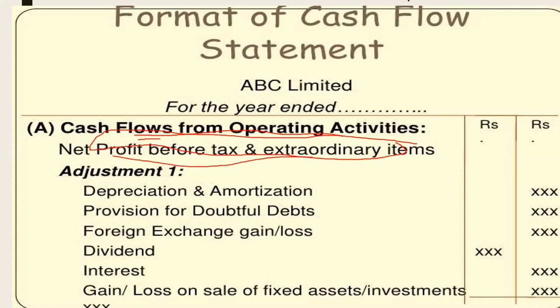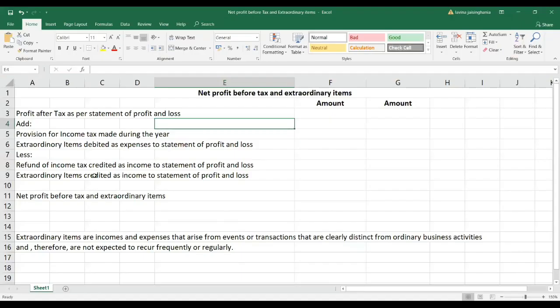So let us see how we have to find net profit before interest and before tax and extraordinary items. Here I have a format related to this. You have to find the net profit before tax and extraordinary items, and generally in the question, net profit after tax as per statement of profit and loss would be given to you.